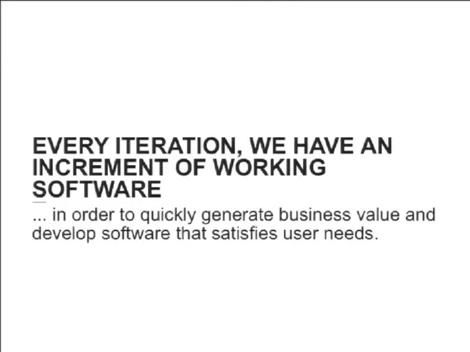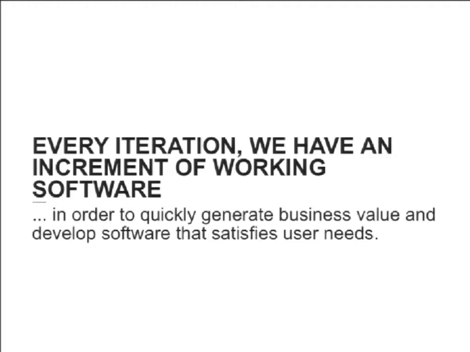So in Scrum, every iteration, we have an increment of working software. And this is actually important because the working software is some value that you can already use. It's a piece of software that people can actually start using.